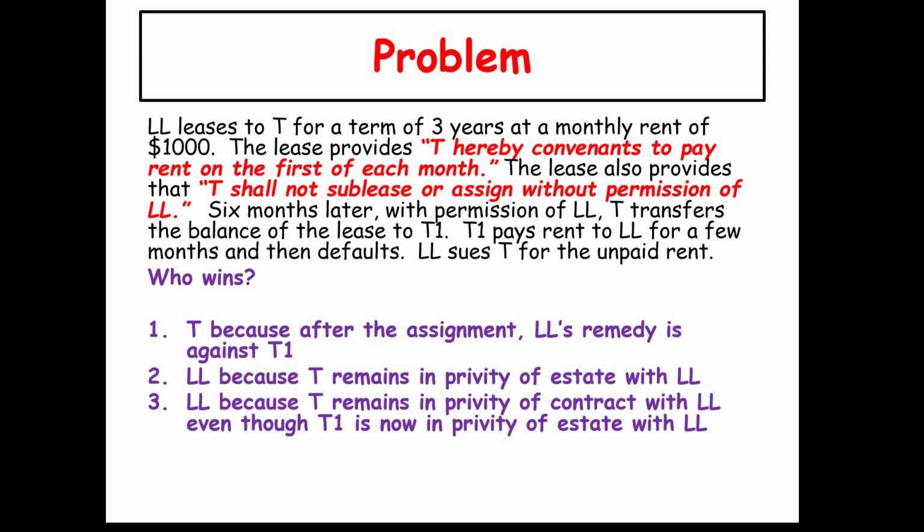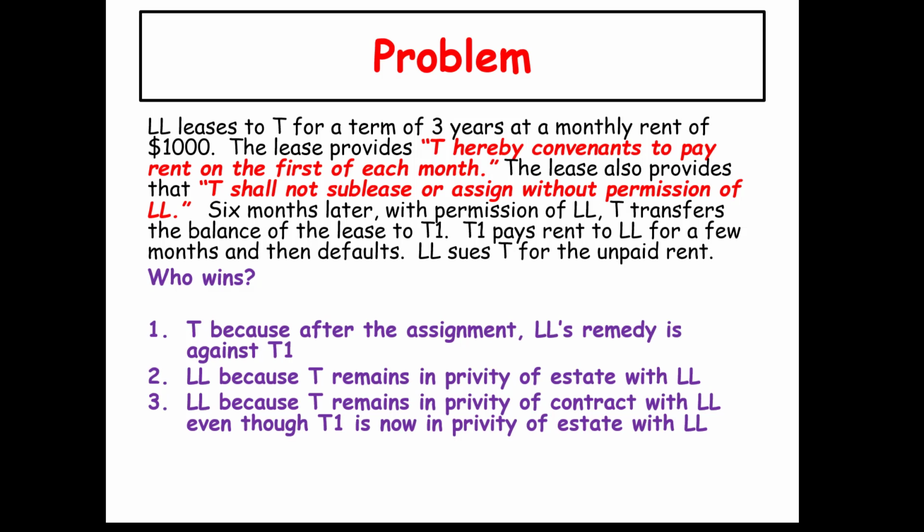And it has the clauses that the tenant covenants to pay the rent on the first of each month, and that the tenant won't sublease or assign without permission of the landlord. 6 months later, with permission, so it doesn't violate the clause that says the tenant won't transfer without permission of the landlord, right? 6 months later, with permission, the tenant transfers all of the remainder of the lease to a new tenant.